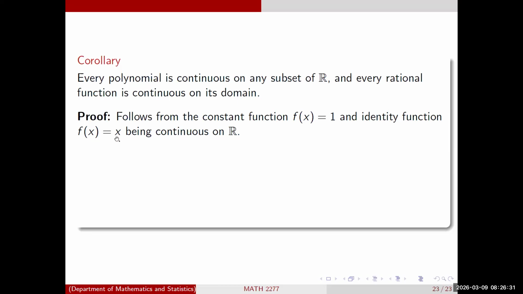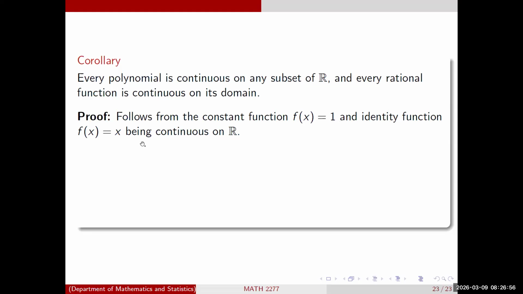And here's the thing, you are allowed to multiply these functions by numbers, multiply them by themselves, and add them or subtract them. Right? And you'll see that that's essentially what a polynomial is. It's just some combination of these two functions, which we know from that theorem. That's why this is a corollary of it.